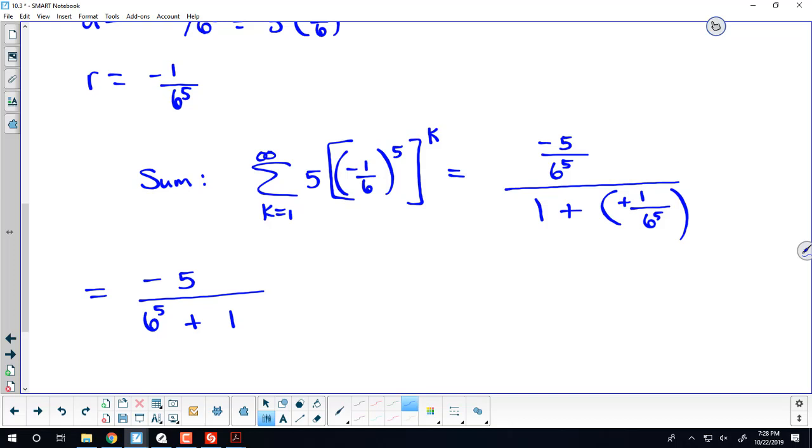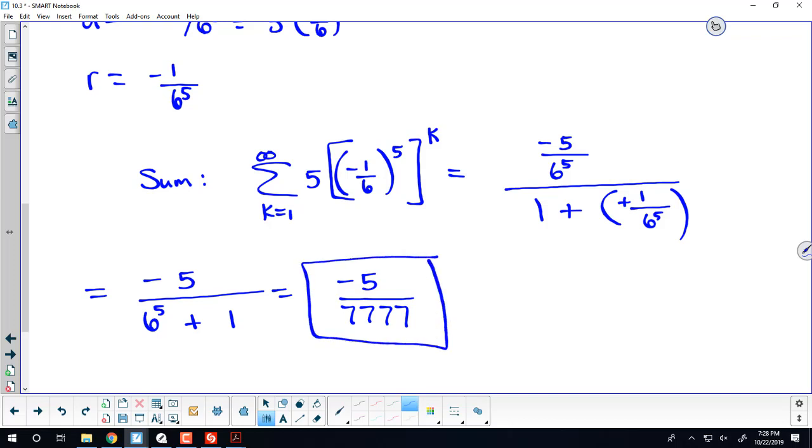And it turns out to be negative 5 over 7,777. I'm pretty sure we have something like that. So that's the sum of the infinite geometric series. Do you have any questions on that?